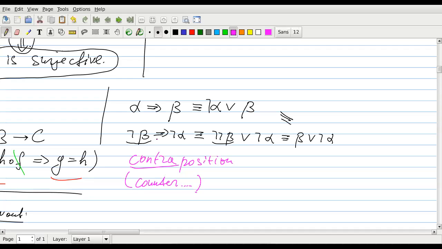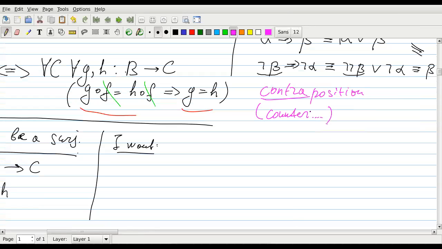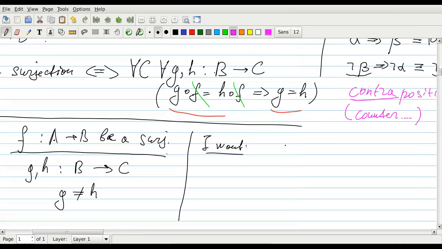Is it clear? Yes. So, I want to prove this implication. If this one is true, then G equals H. So this is equivalent to the following. If G is not equal to H, then what?